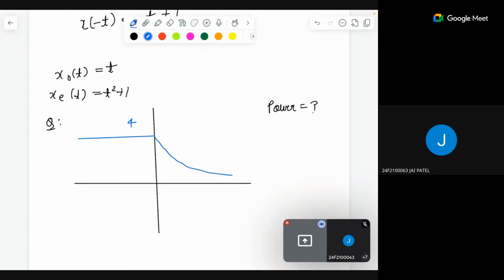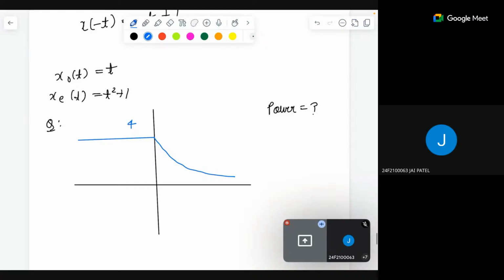At 0, it is this decaying exponential, which is 4 e raised to the power of minus 4t. You have to calculate the power of this signal. How much time do you need? 3 minutes, is that fine? Okay, then you have 3 minutes, start.